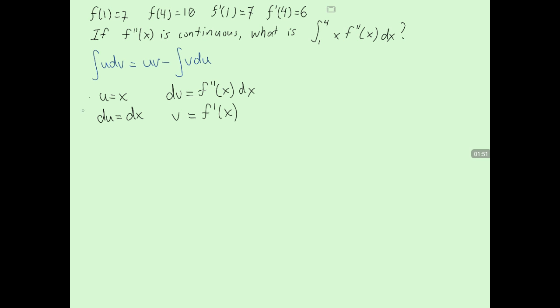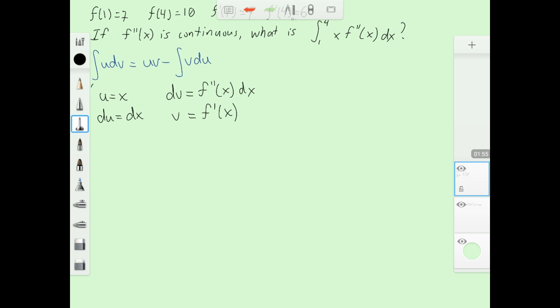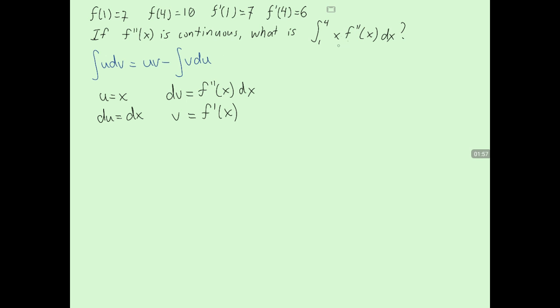So what we are going to get from this is a simplified integral: x times f prime of x minus the integral of f prime of x dx. If we continue with this, the integral of f prime of x is just f of x.